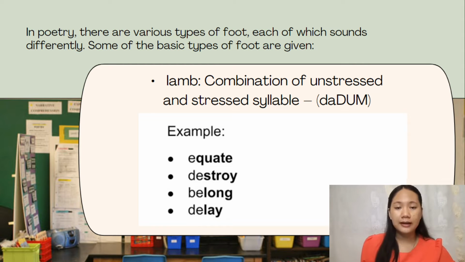Equate, destroy, belong, delay are simple iambic words because the first syllables E, DE, BE, and DE are unstressed syllables. And the second syllables quate, stroy, long, and lay are the stressed syllables.